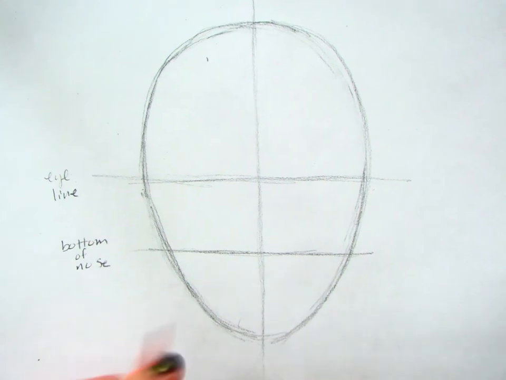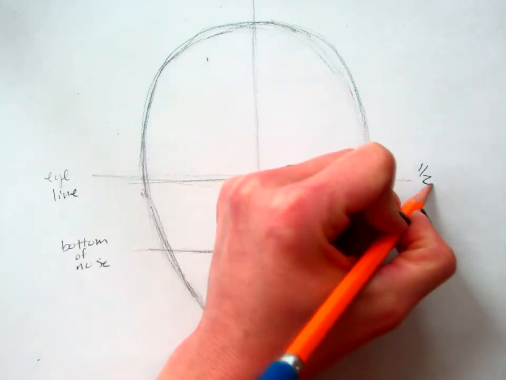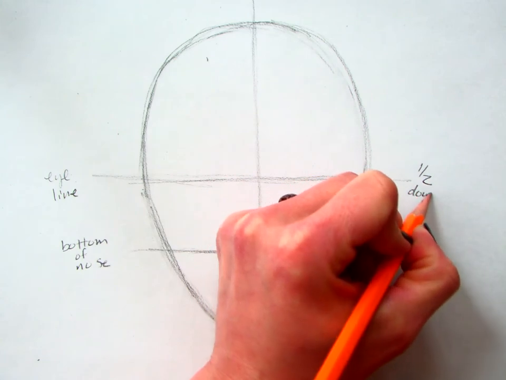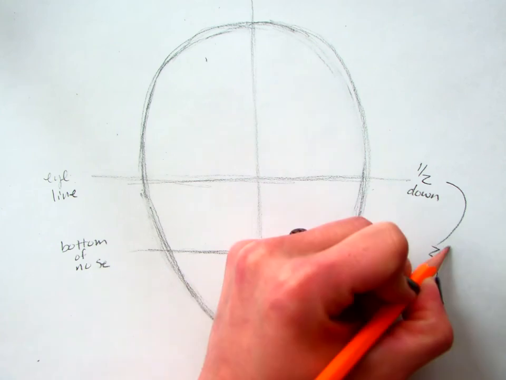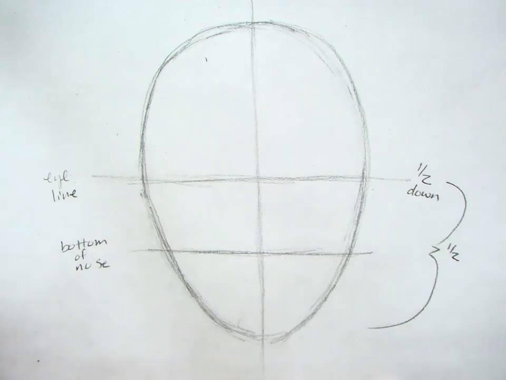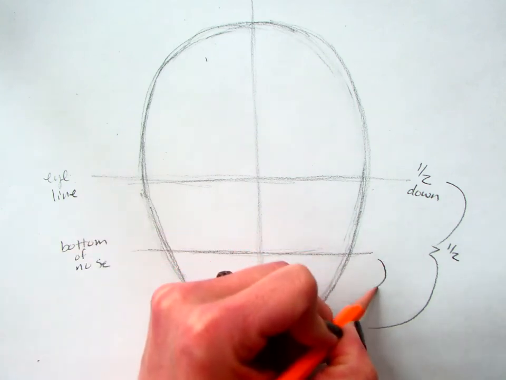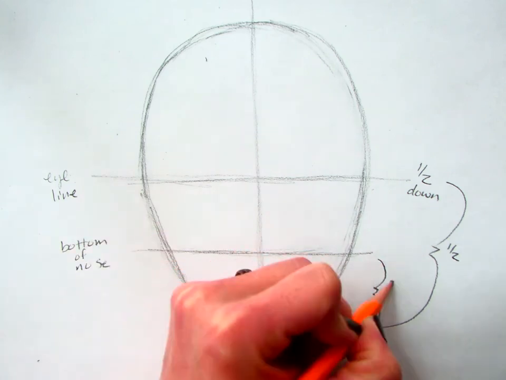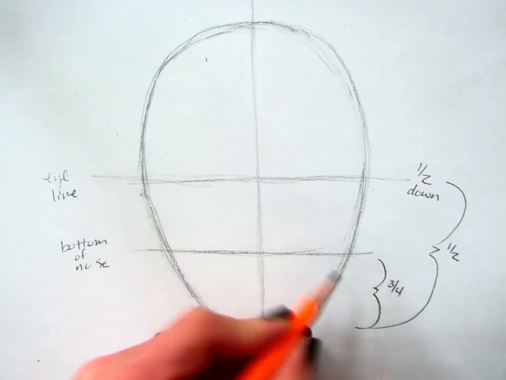And then we're going to maybe not go quite half, maybe like a third down. So I might do halfway down, and this is halfway of the half, and then from here about three quarters down is probably where we want to put this.